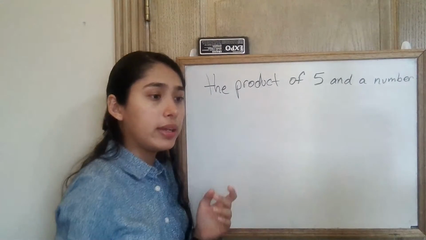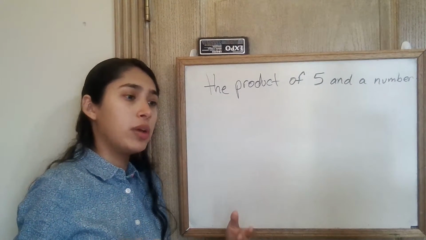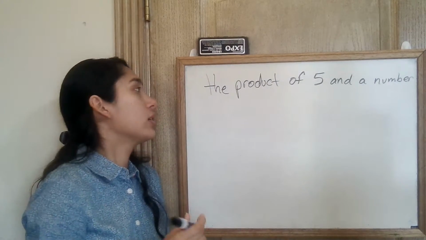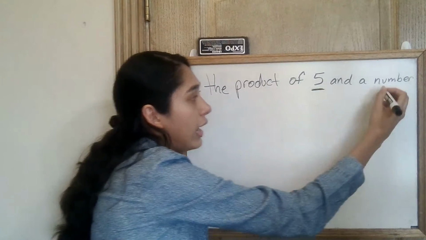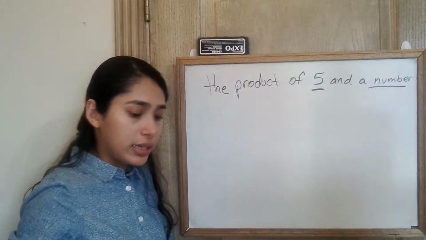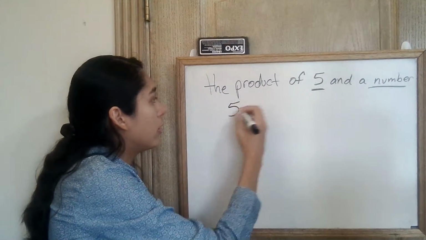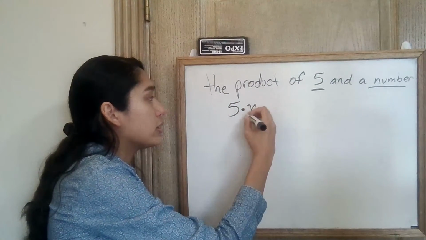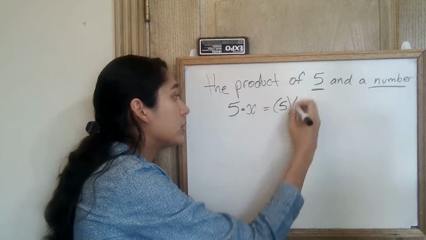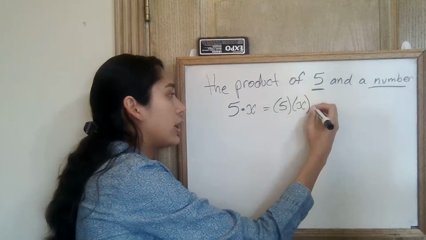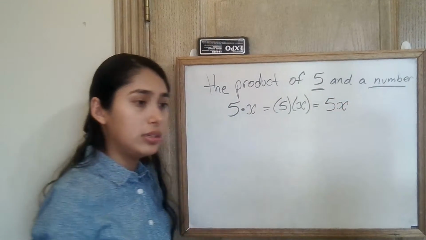Okay, so this is going back to our definitions. Product means whatever we get after multiplying. So we know we're going to multiply 5 and the unknown number. In that case, I'm just going to use the curly x. So 5 times a curly x, which I can rewrite in many different ways. I can rewrite it like this, as we've seen in our previous lessons, or I can just write it like this.